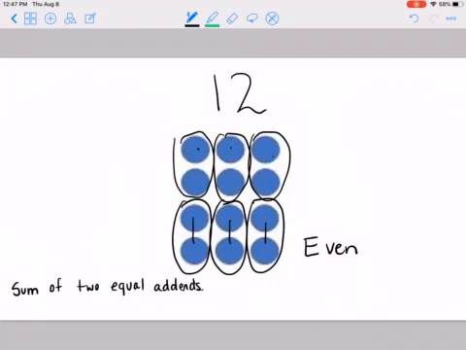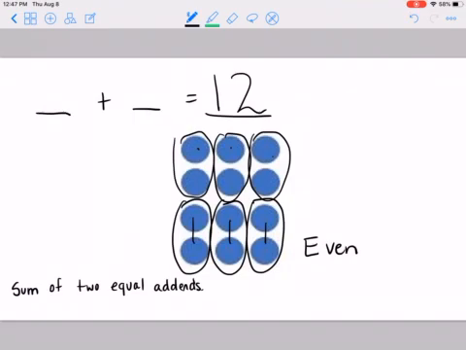So remember, add-ins are the numbers that we add together to get our sum. Our sum is 12 because that's the total number of objects that we have. Now, we need to figure out what two numbers we can add together, and their numbers are going to be the same. They're going to be equal. So what plus what is the same number and it equals 12?